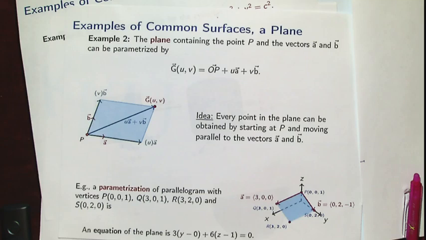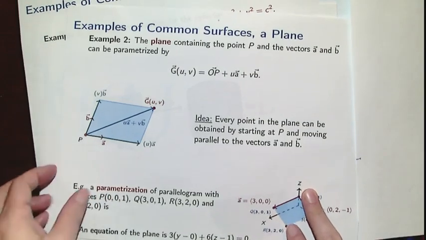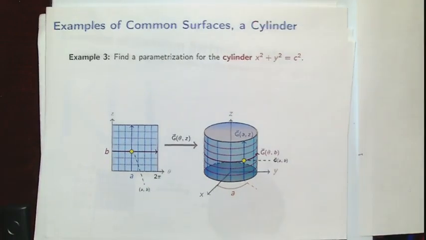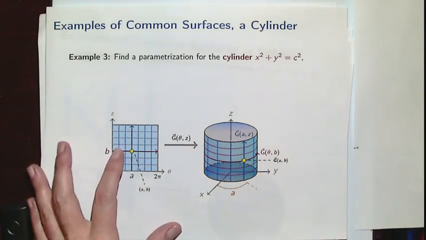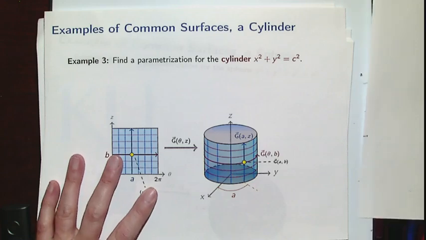Okay, so now, how do we parameterize a cylinder? Anyone? Parametrization is like transformation. What transformation do you use for cylinders?